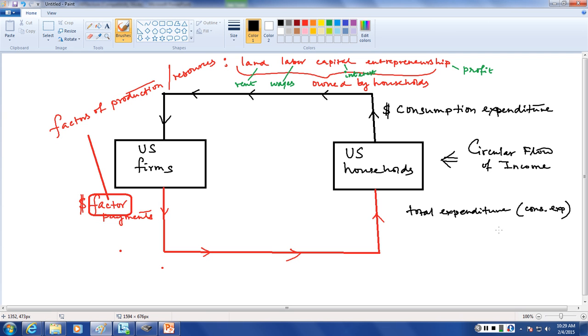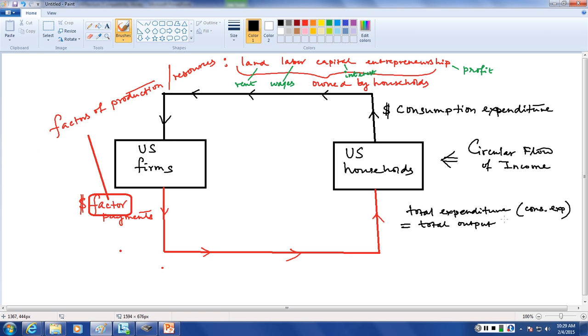So if expenditure equals $1 billion, this must imply that the nation's output equals $1 billion as well. Am I making sense here? Right? If you go and spend $5 on lunch, well, that $5 worth of lunch was made for you. Right? So this tells me right away that total expenditure in the economy is also equal to the total output of the economy. Output by firms, that is.